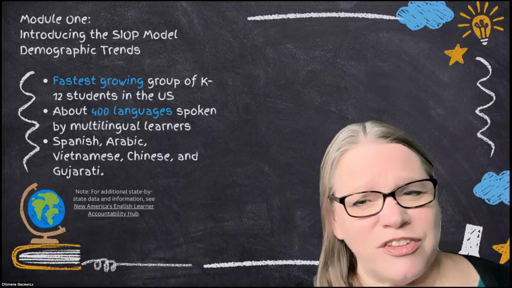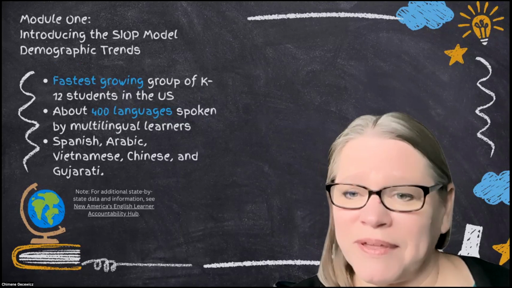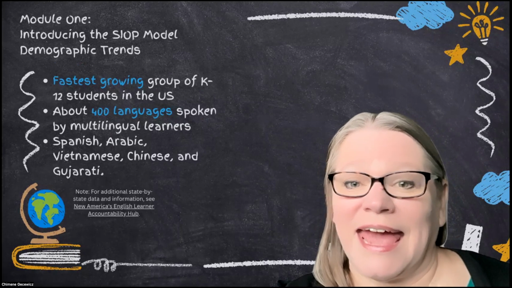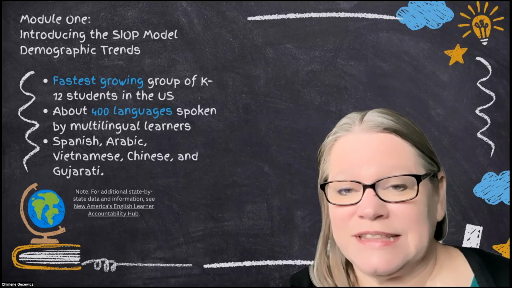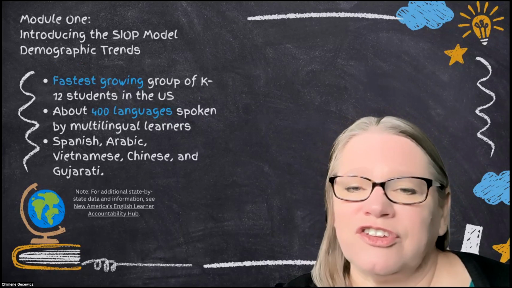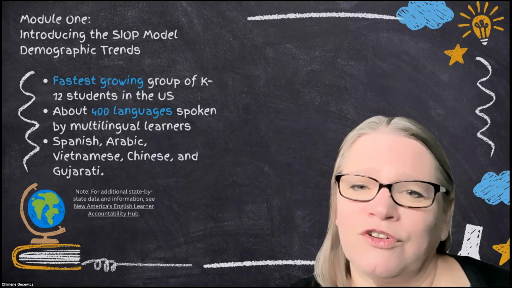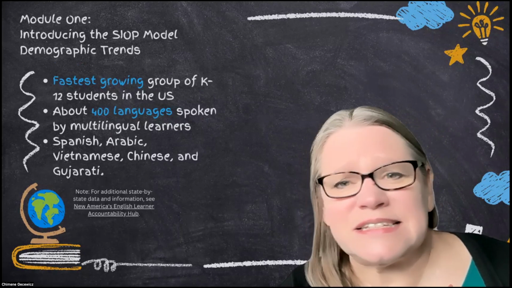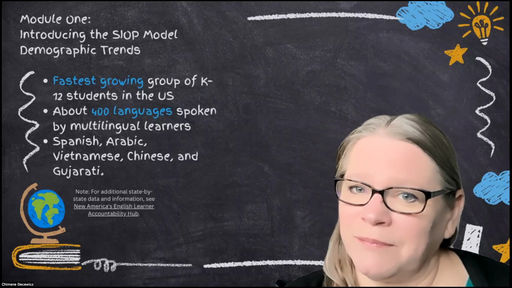So the population that we're talking about is a population that is growing rapidly across the United States and right here in the Southeast. The largest concentrations of multilingual learners are found in states like California, Texas, New York, Illinois.